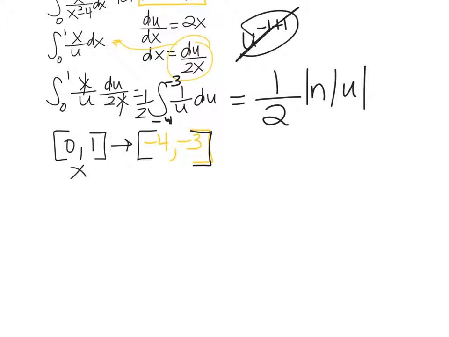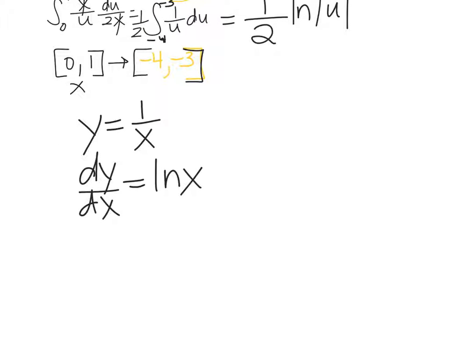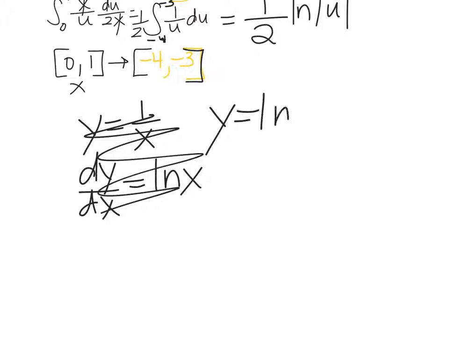If you have y equals the natural log of x and we find the derivative, we find y prime, we always say that's equal to 1 over x.